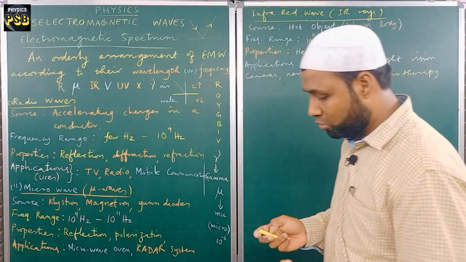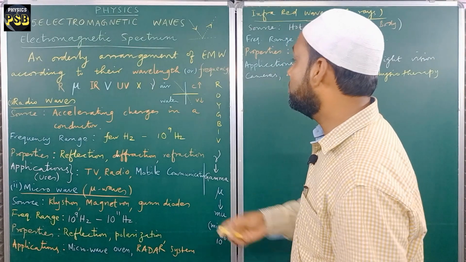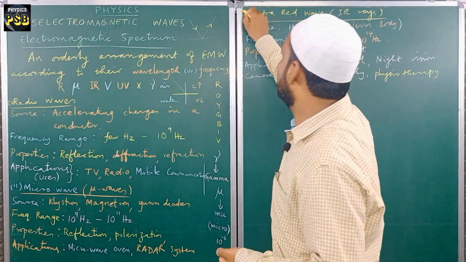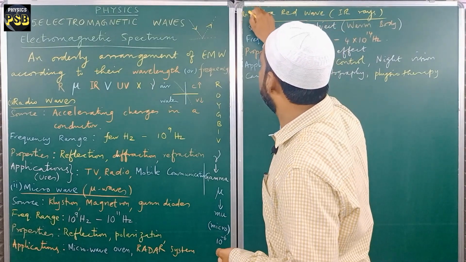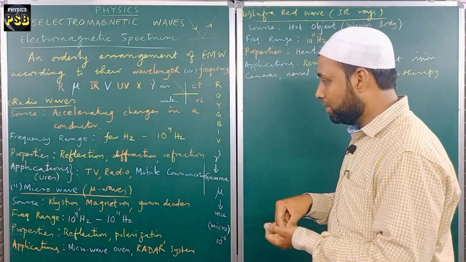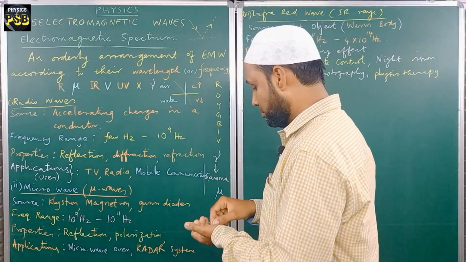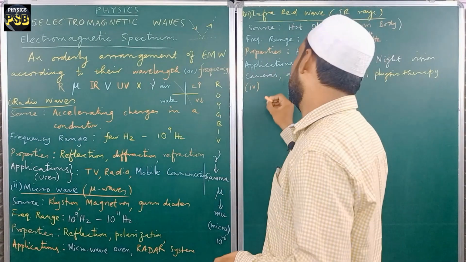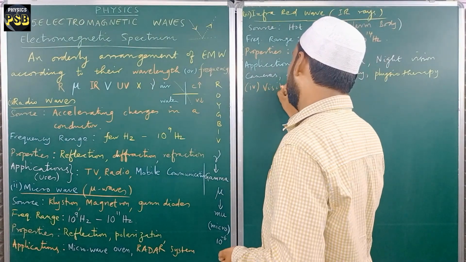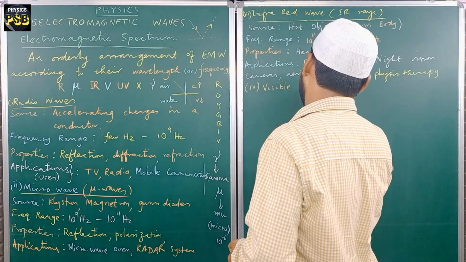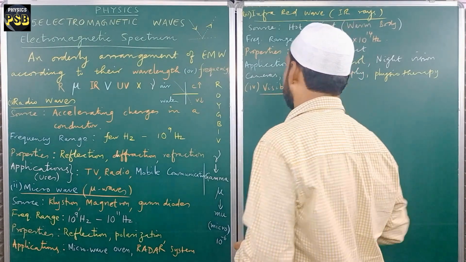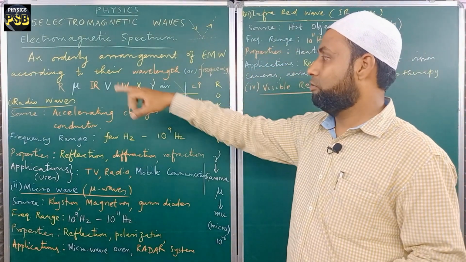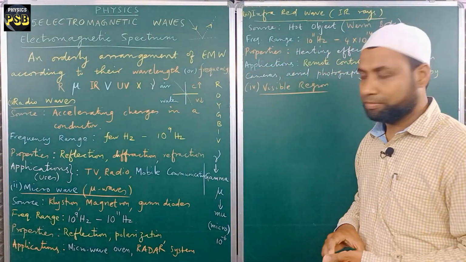We'll move ahead. We'll go to the fourth part of this electromagnetic spectrum. The fourth part is nothing but the visible region. This is the visible region among the waves in the electromagnetic spectrum.